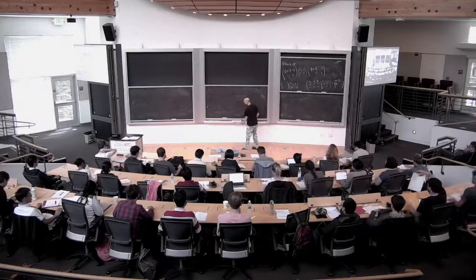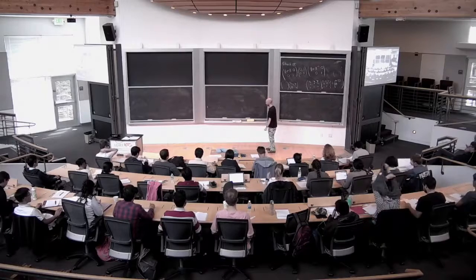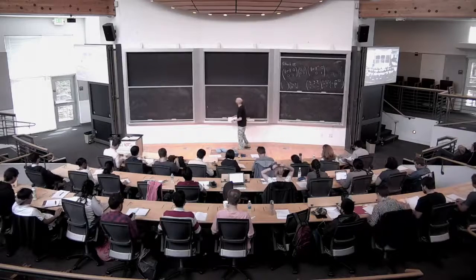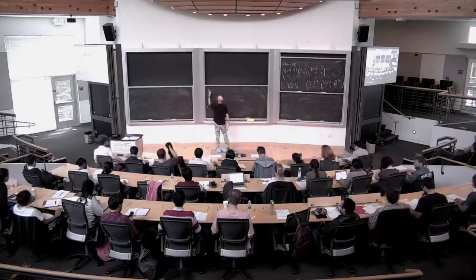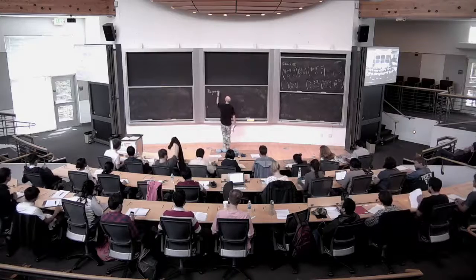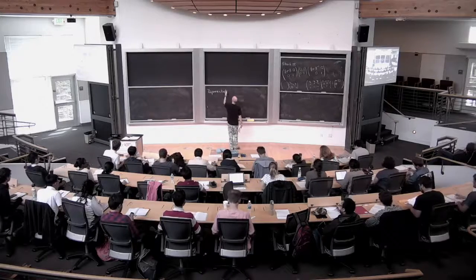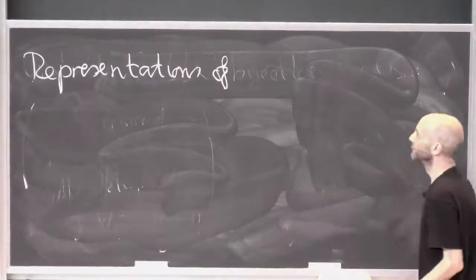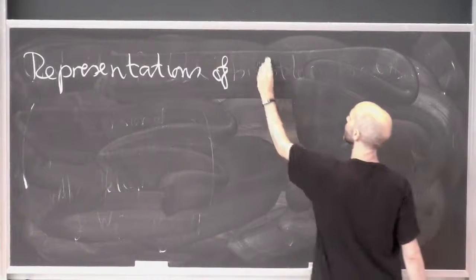Right. So we saw one side of the local Langlands bijection. So let's see the other side. So the word representation is showing up again, but this is a very different kind of representation.